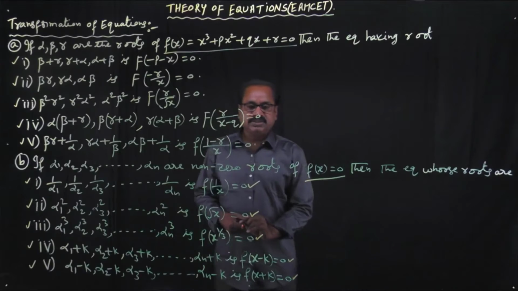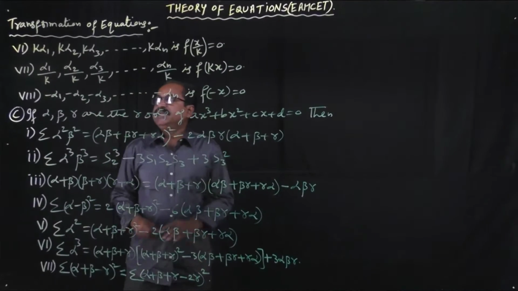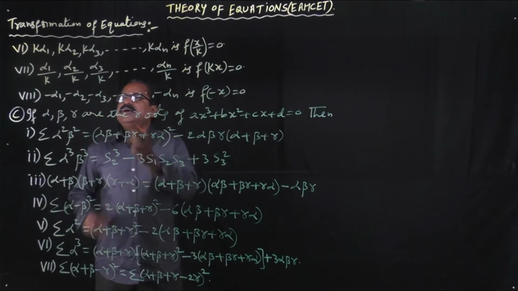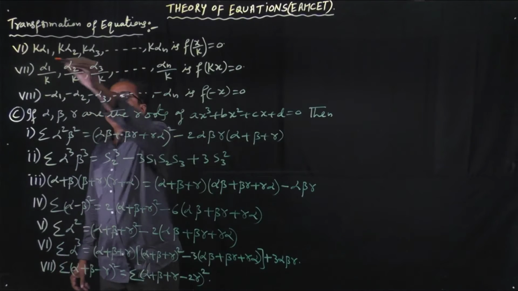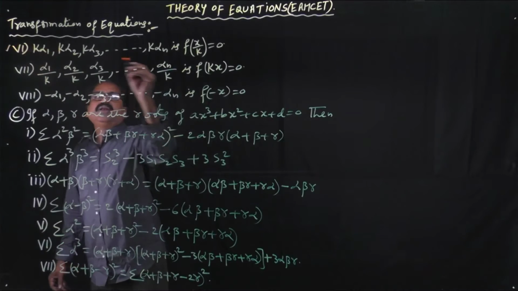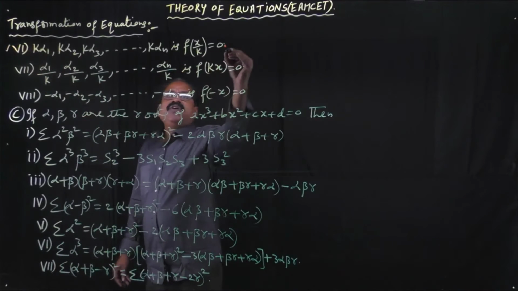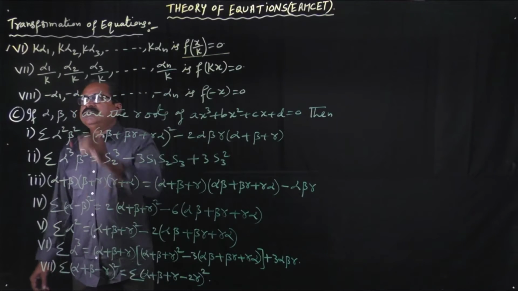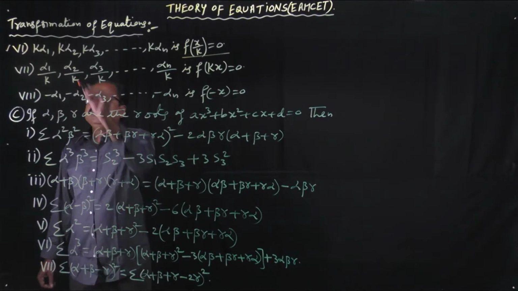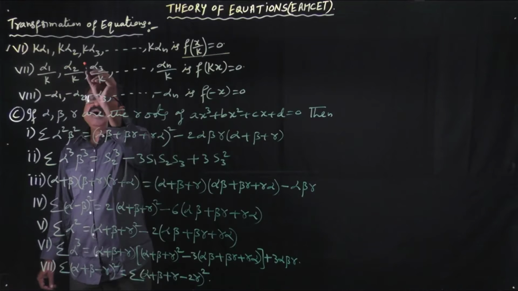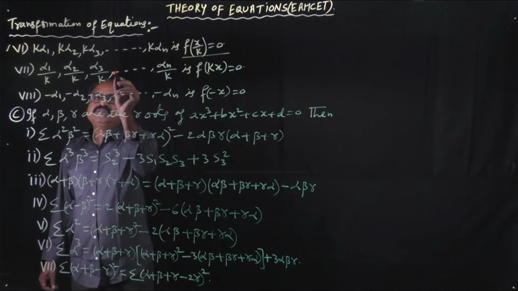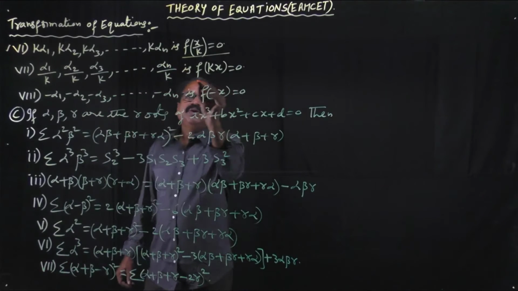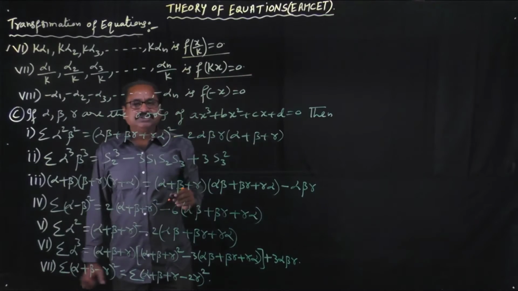Sixth one is the roots are k alpha 1, k alpha 2, k alpha 3 and so on k alpha n is f of x by k is 0. Seventh one is the roots are alpha 1 by k, alpha 2 by k, alpha 3 by k and so on alpha n by k is f of kx is 0.